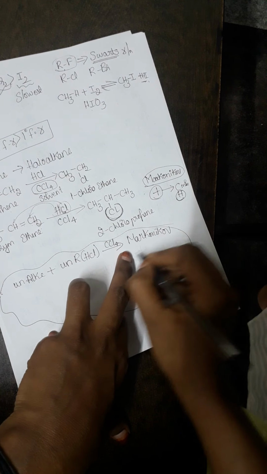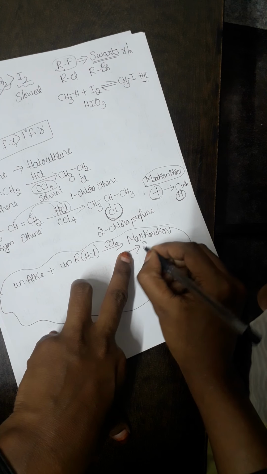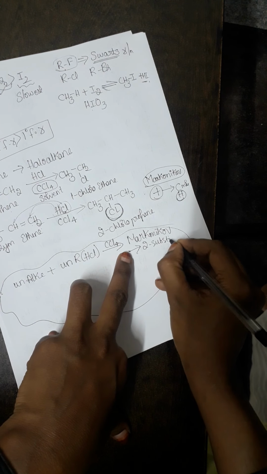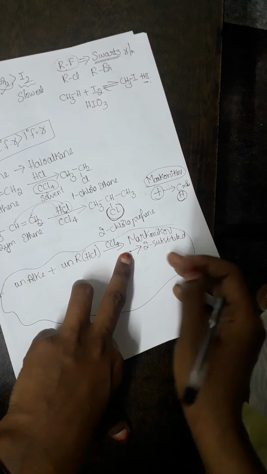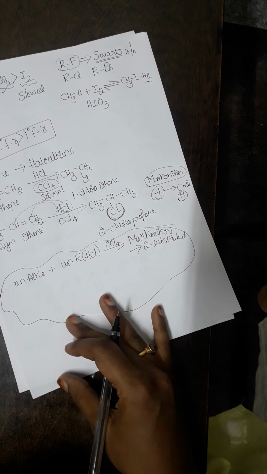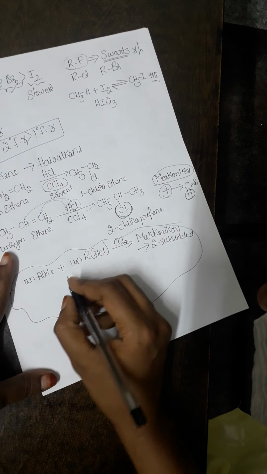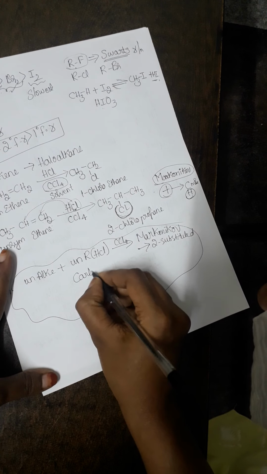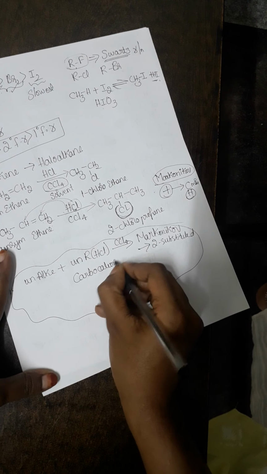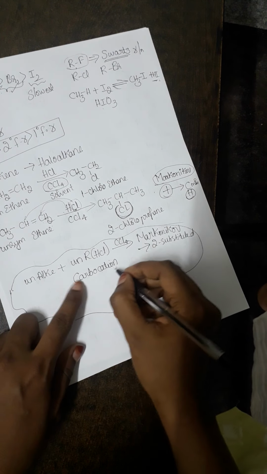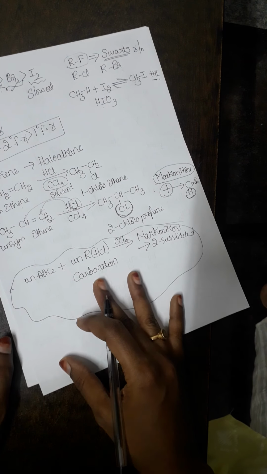Got my point? And here we will end up with a two-substituted product. Okay, fine. Then, I hope you remember that whenever we have a Markovnikov addition, carbocations will be formed as an intermediate.